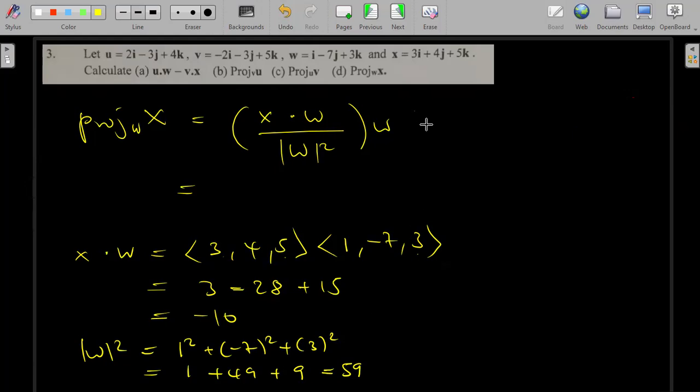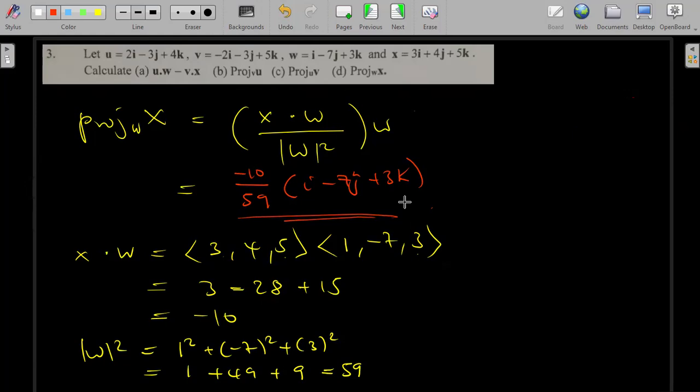So replacing in there, the dot product is -10 over 59. Then w is just i minus 7j plus 3k, like that. All right, this is my projection there.